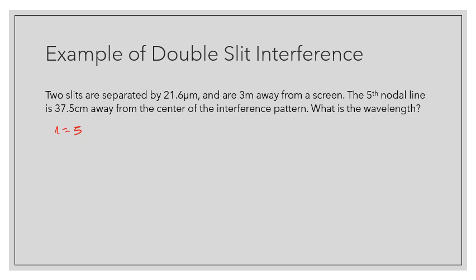So the slit separation, you had to convert that to meters, so that's 2.16 times 10 to the negative 5 meters. So they're 3 meters away from the screen, so big L is 3 meters. And the fifth nodal line is 37.5 centimeters away from the center of the interference pattern, so that's 0.375 meters.